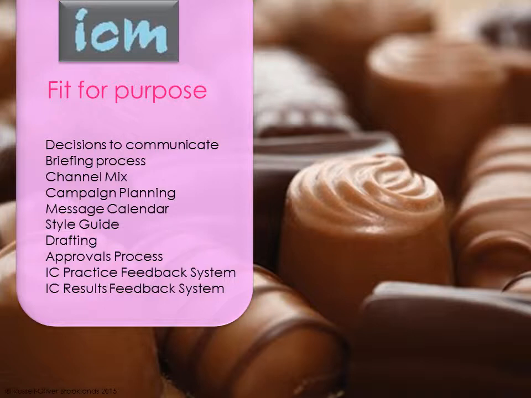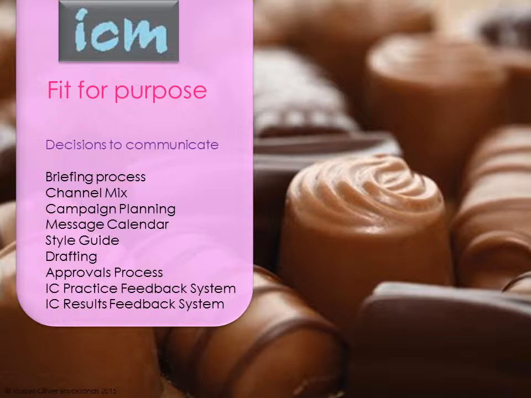First of all, the decisions to communicate are obviously happening before you get involved, but there are two ways in which your team can help ensure those decisions are fit for purpose. One way is by having a robust validation method built into your briefing process, and the other is by providing the best and most timely management information possible with which the message owners can take their decisions.